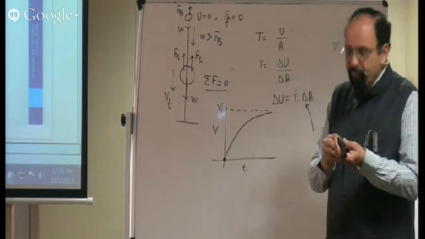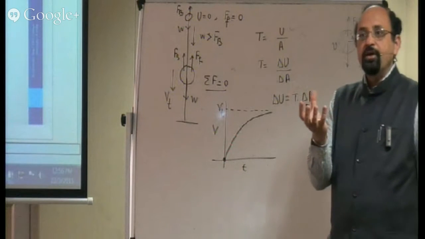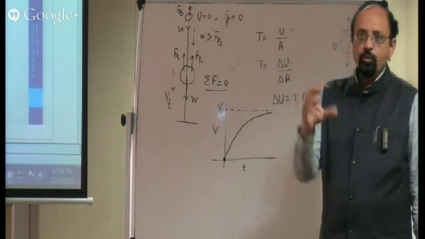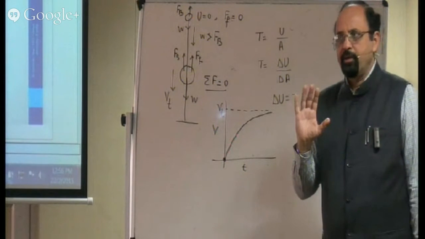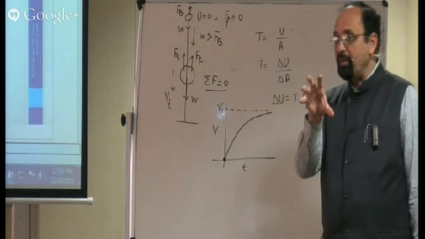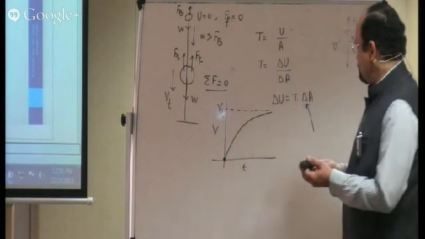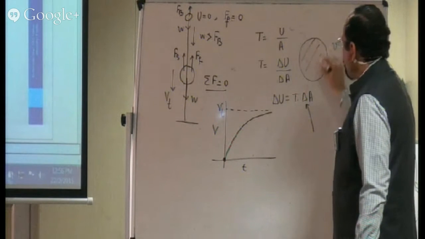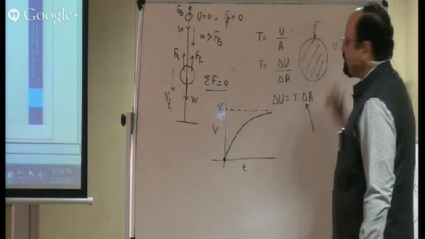Not always, because suppose there is a liquid drop which is spherical, then the surface area is only 4 pi r square. But if a bubble of the same size is there, then there are two surfaces. This is important. If there is a drop, it has only one surface.